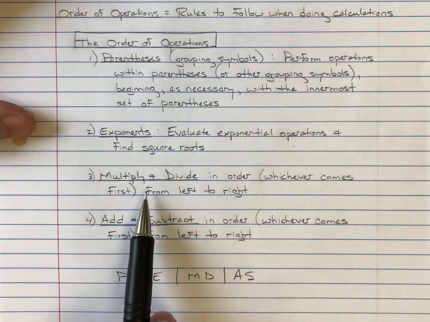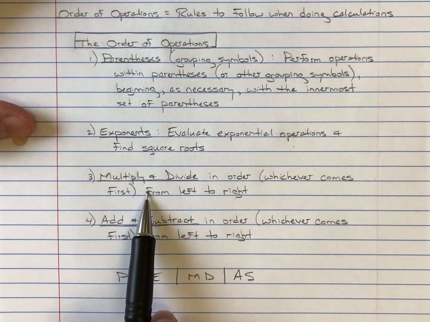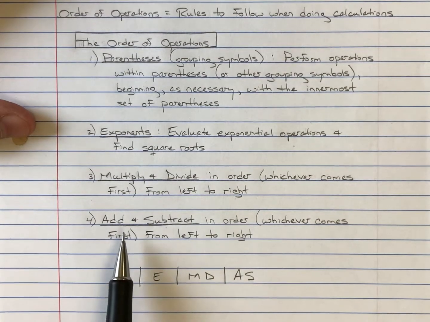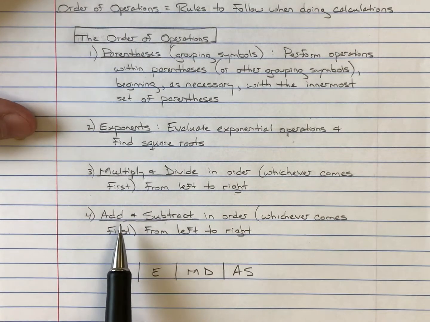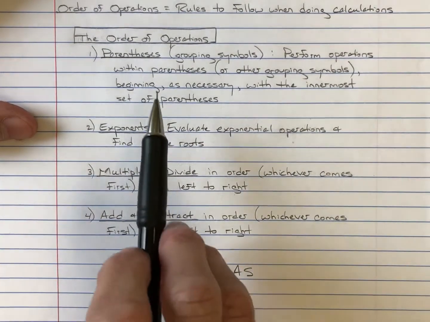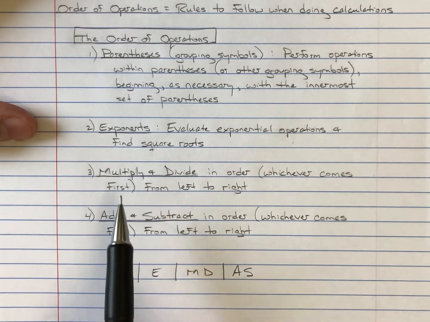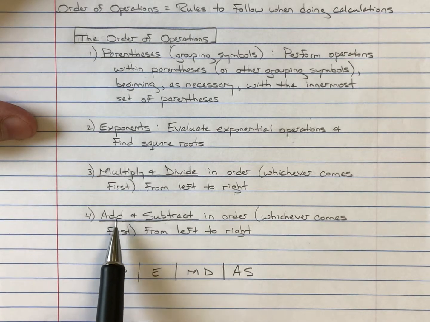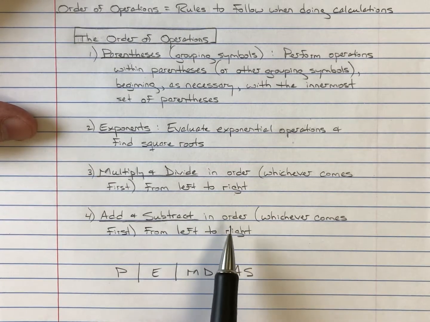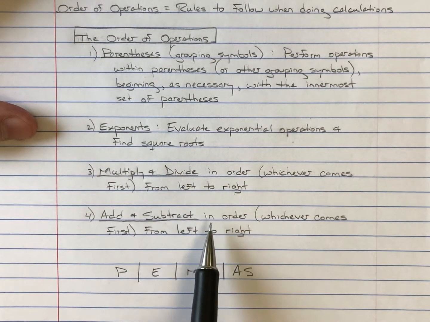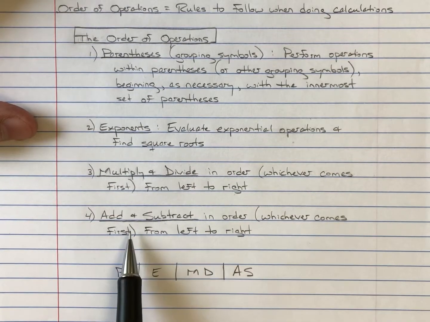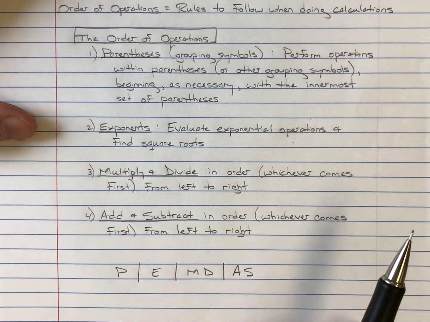It depends upon what you run across first in order from left to right. And finally, way down on the totem pole, after you've worked with parentheses, exponents, and multiplication and division, you then finally do addition and subtraction. And again, like multiplication and division, we're going to do this in order, whichever comes first, from left to right.